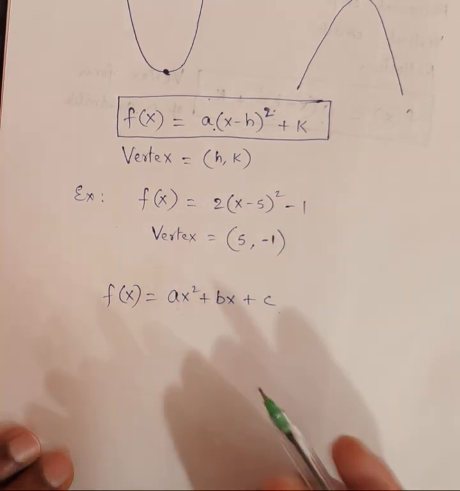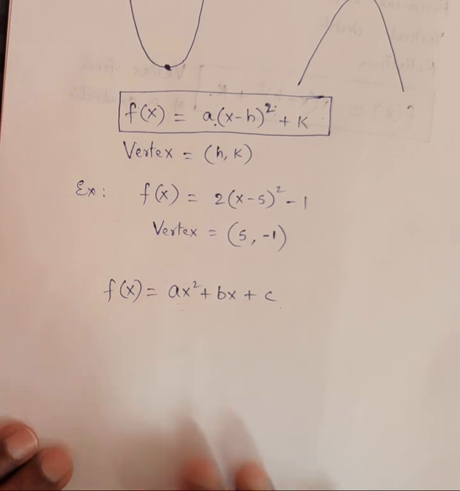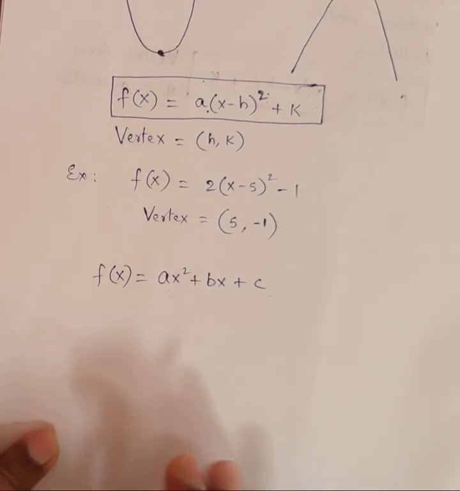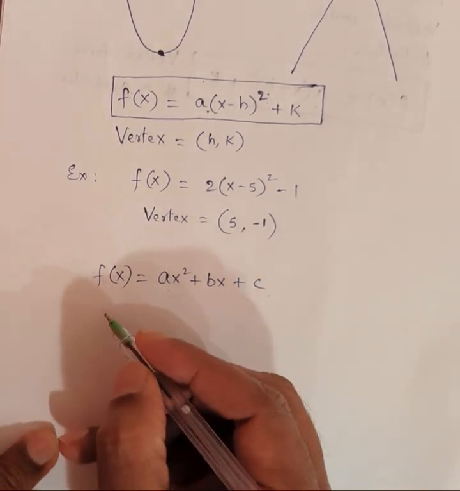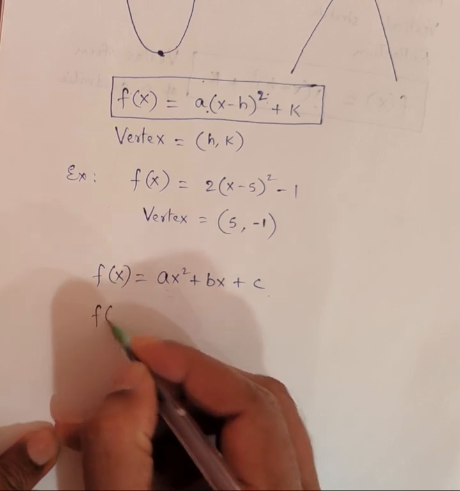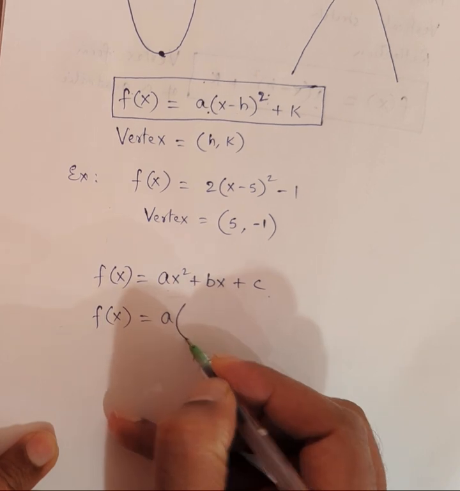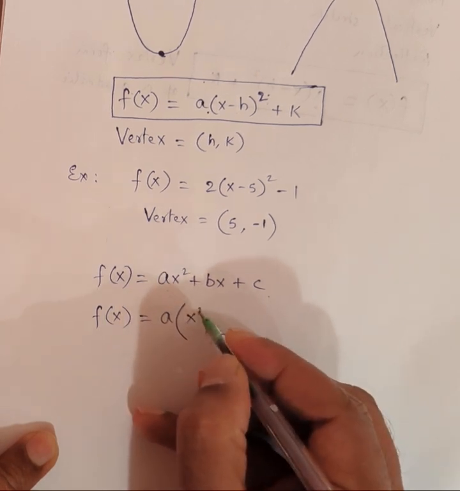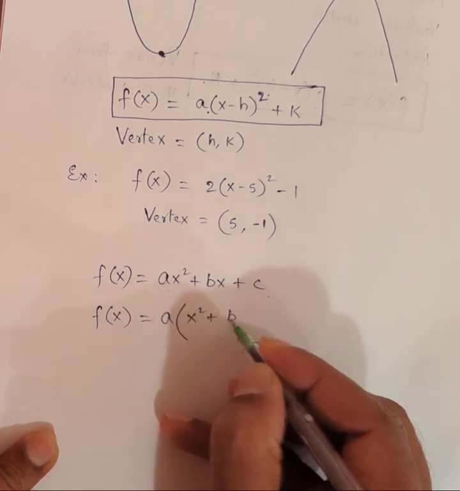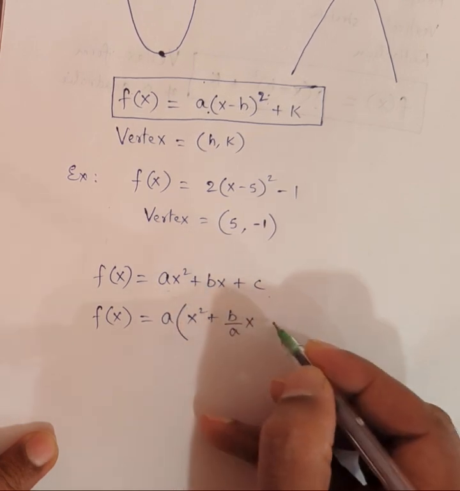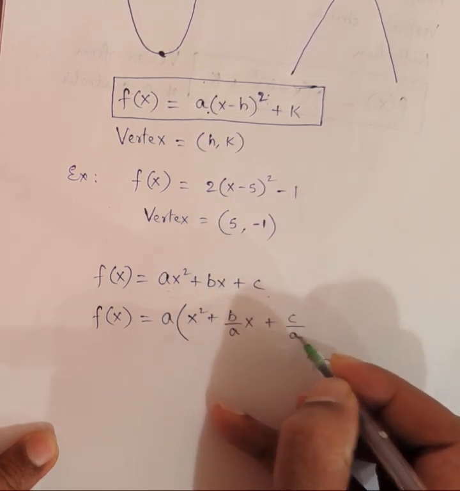So for this, we need to complete the square just as we did in the video deriving the quadratic formula. So what I want to do is factor out a and then rewrite this expression as a times (x squared plus b over a x plus c over a).